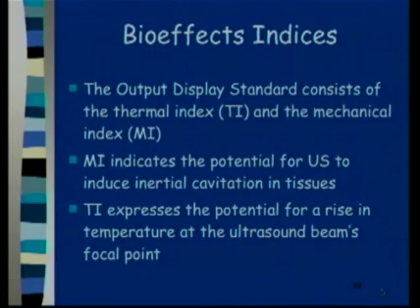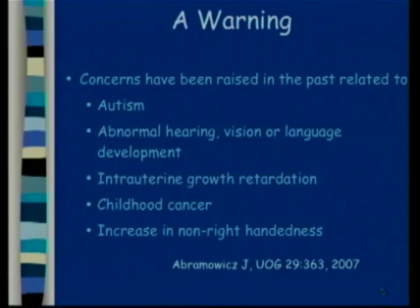The TI is the thermal index, the MI is the mechanical index. And the MI indicates the potential for ultrasound to induce inertial cavitation in tissues, and the TI expresses the potential for a rise in temperature at the ultrasound beam's focal point.